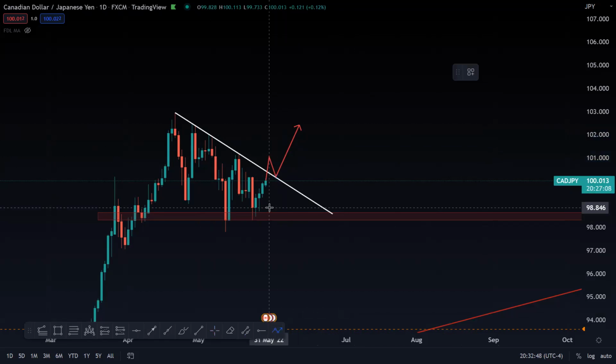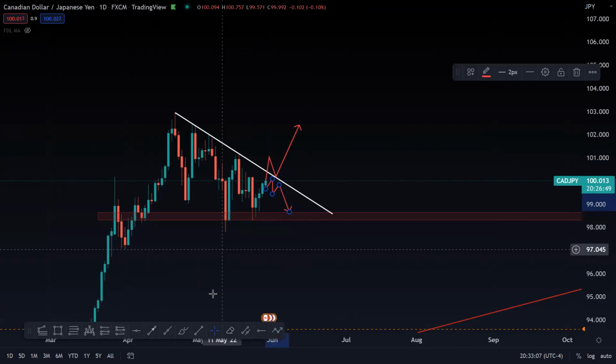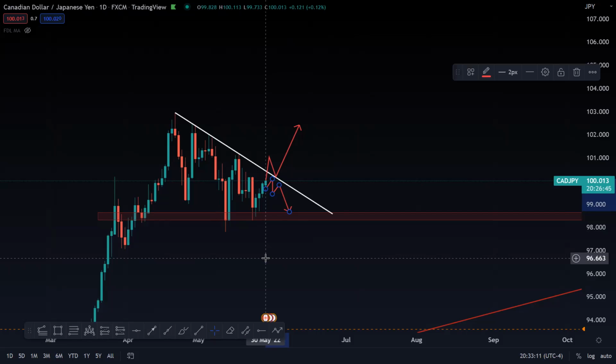If that's not the case, and the price rejects at the previous highs, I'm going to go for the short until here, which is the weekly support. And if you break below it, I will continue the ride.